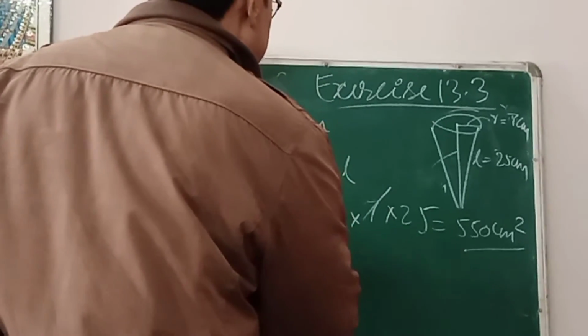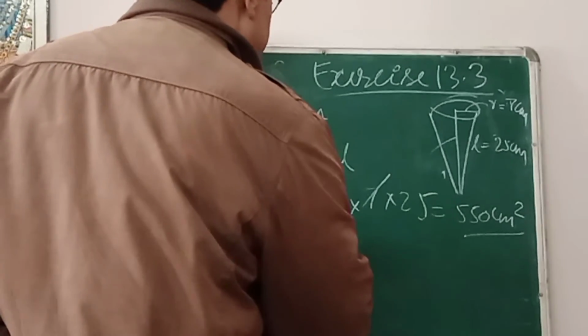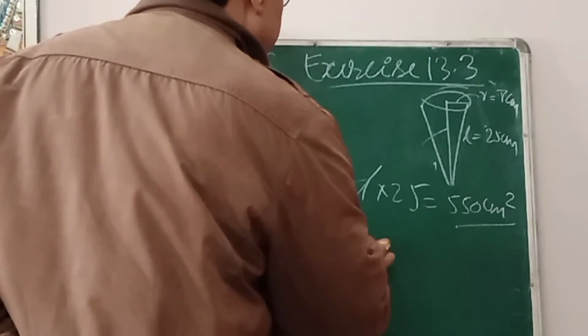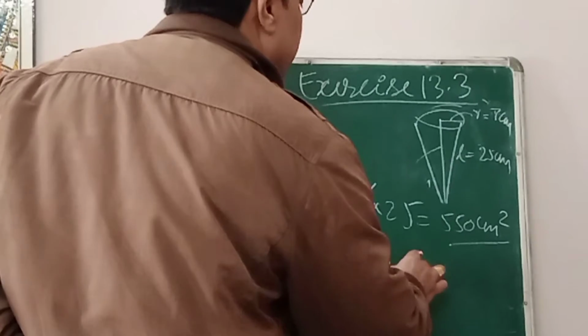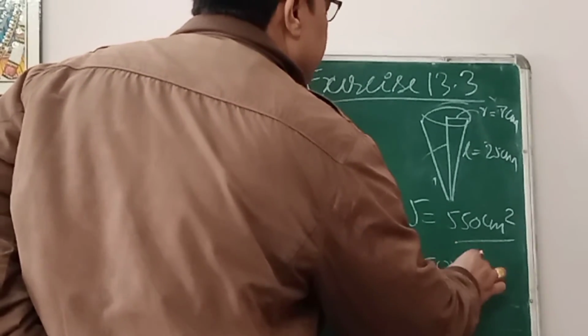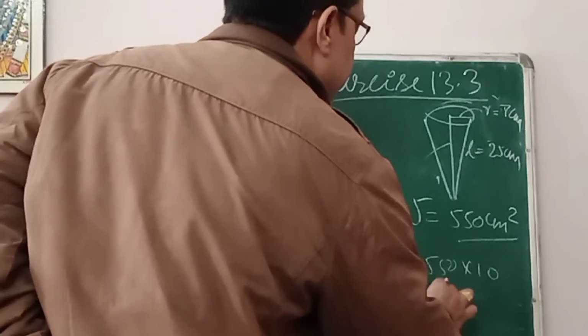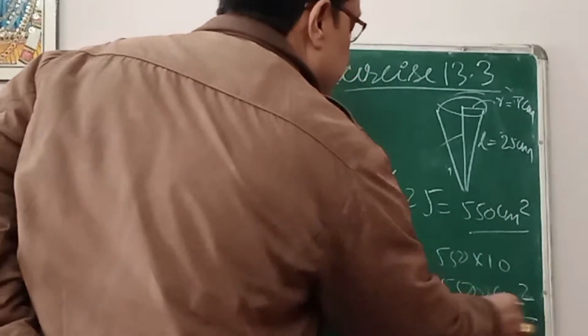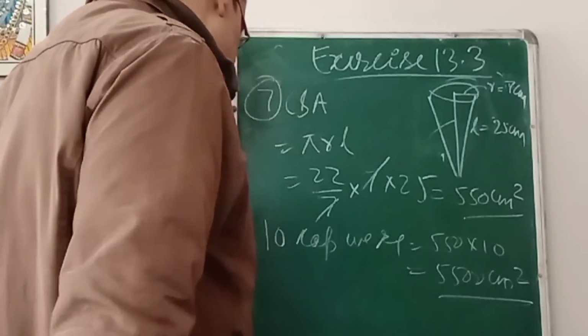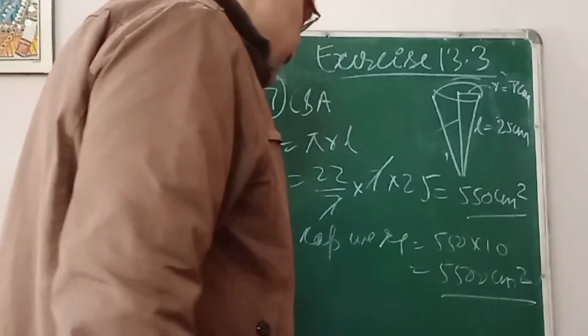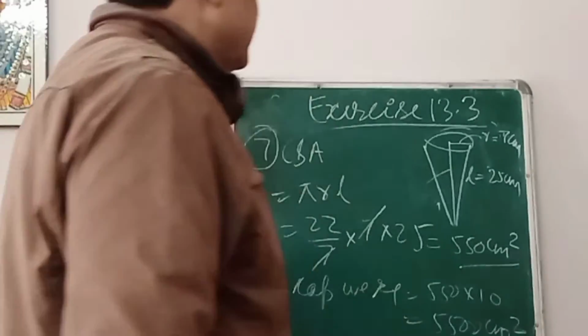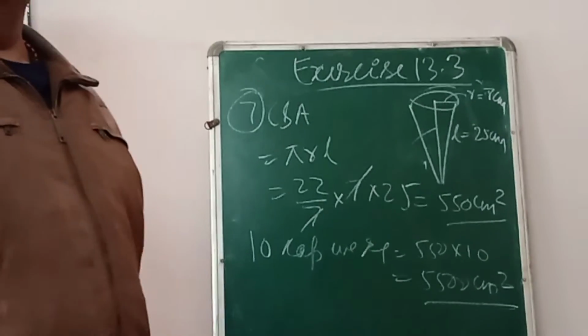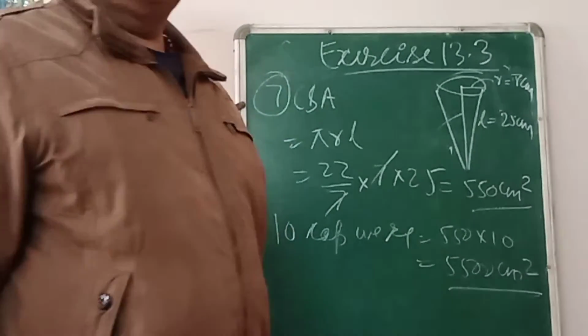So for making 10 such caps, we require 550 into 10, that is 5500 centimeter square area. So this is the area of the sheet required to make the 10 such caps.